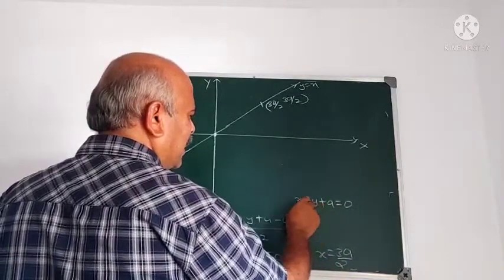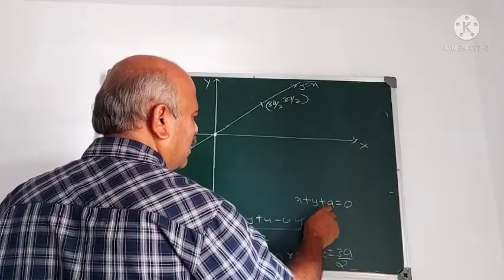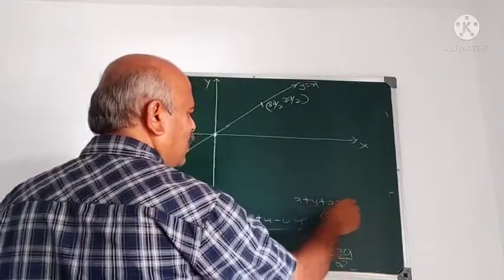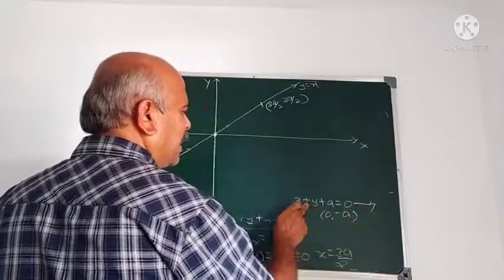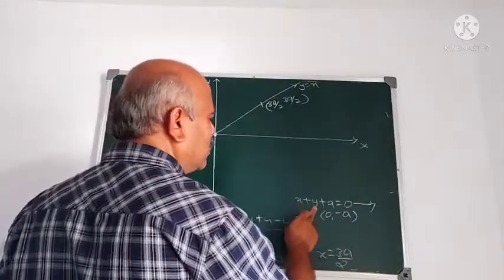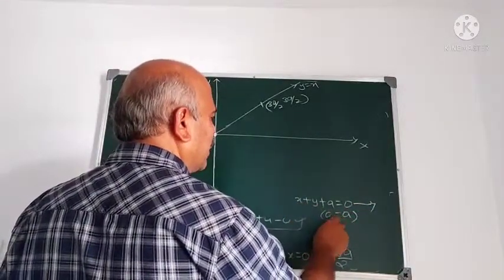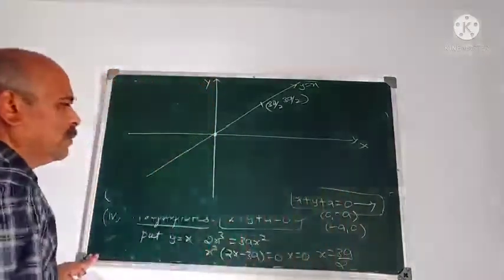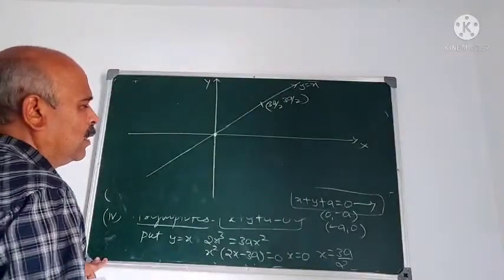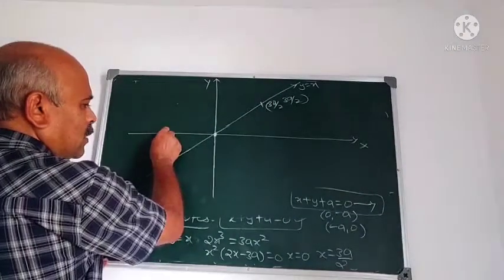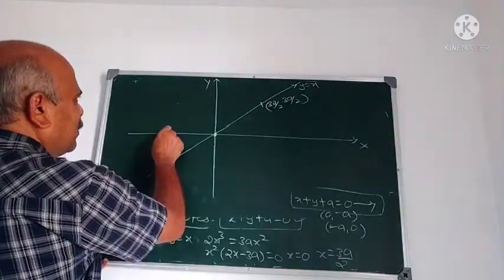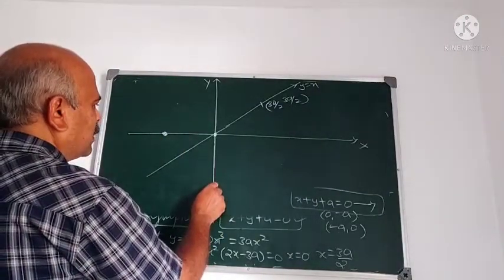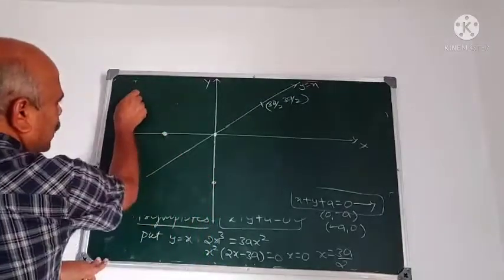To draw this, I take x is 0. Then you get y is equal to minus a, so (0, minus a) is a point on this line. And take y is 0, you will get x is minus a, so (minus a, 0) is a point on this line. This is the asymptote, passing through (minus a, 0) and (0, minus a).